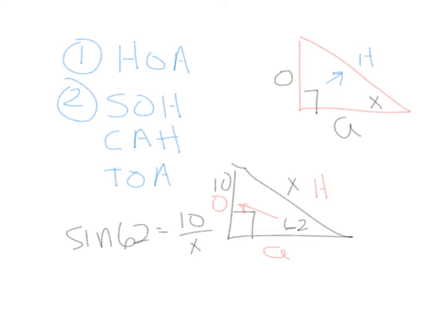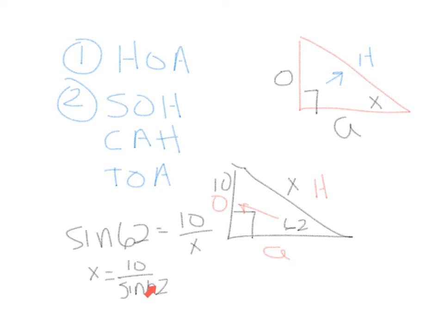Now, to solve this problem, anytime the letter was on the bottom, you just flip-flop these two. So basically what it really means is x now equals 10 divided by sine of 62.